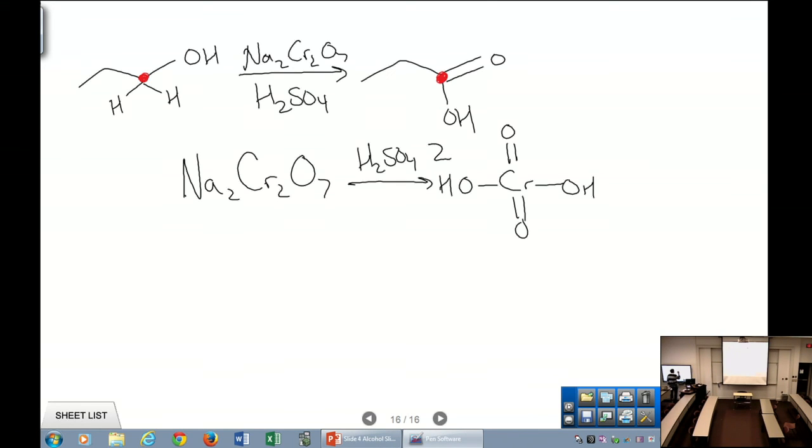You'll make 2 molecules of chromic acid. The chromic acid is actually what does the oxidation. The sodium dichromate doesn't do an oxidation at all.